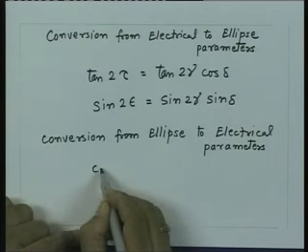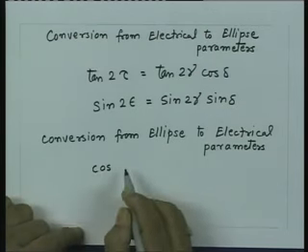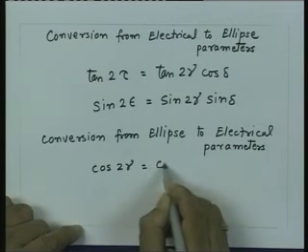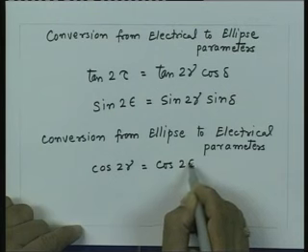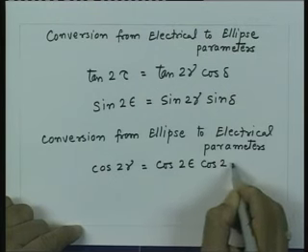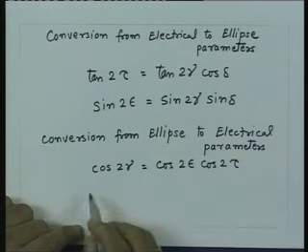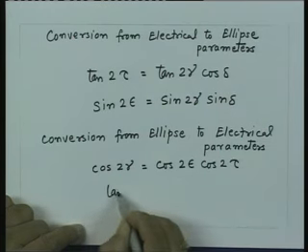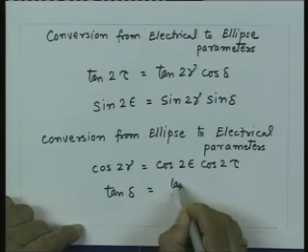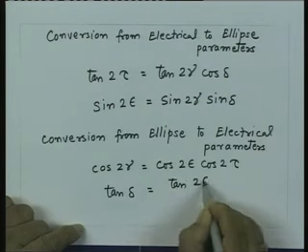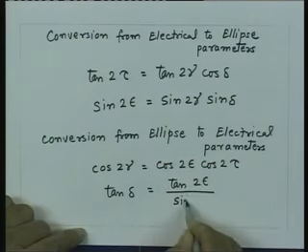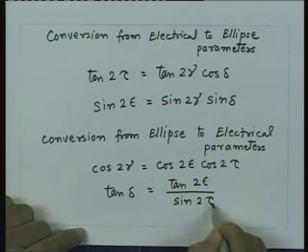And for this we have: cos of 2 gamma is equal to cos of 2 epsilon cos of 2 tau, and tan of delta is equal to tan of 2 epsilon divided by sine of 2 tau.